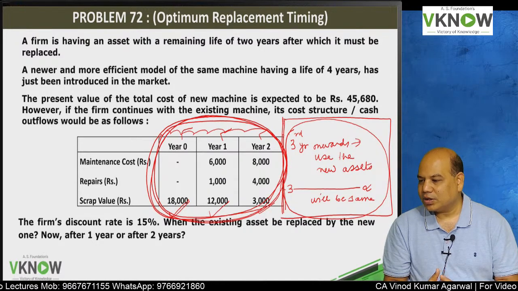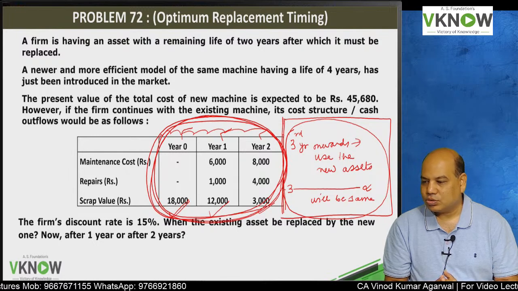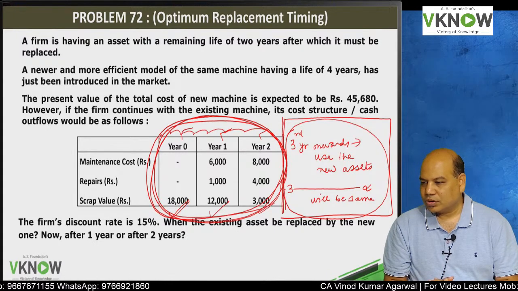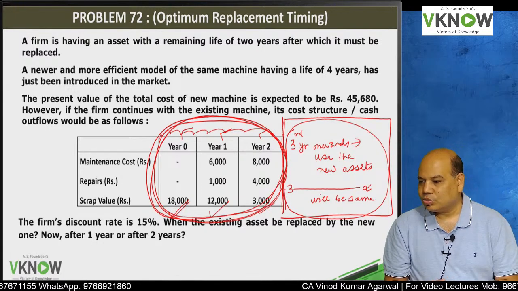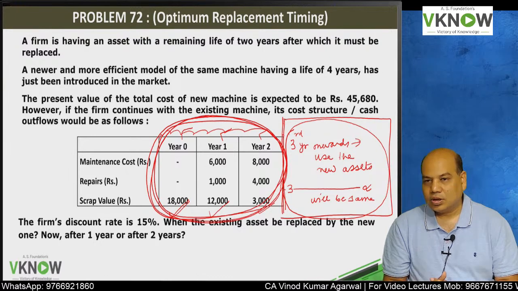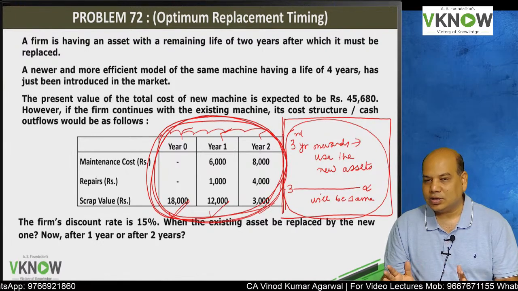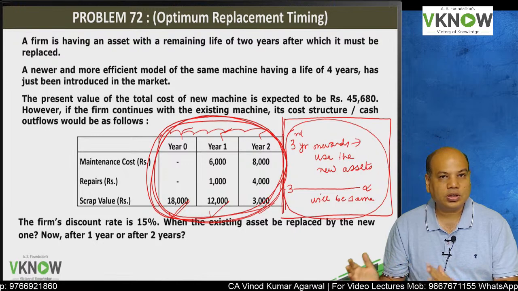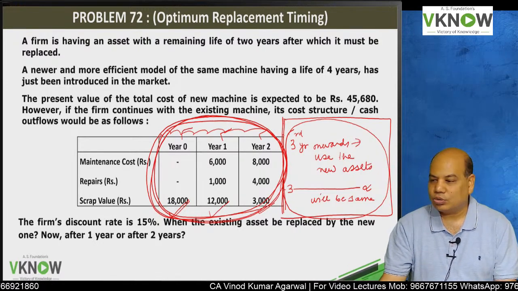If I just compare the cash flow of the first 2 years only under the 3 alternatives, my answer is going to be the same. My answer would be the lowest answer, because after 3 years the cash flow under all the 3 alternatives are going to be the same.